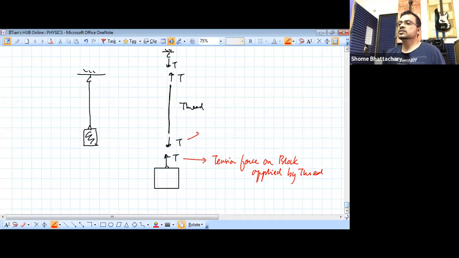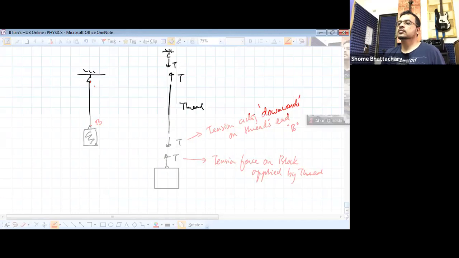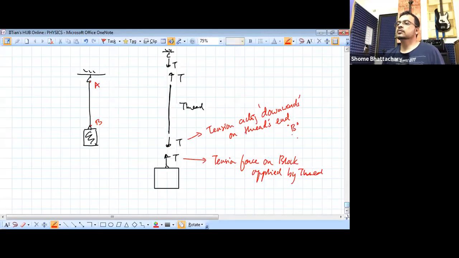Okay. This is the tension acting downwards on the thread's end point. Okay, let's say this end is end B. This is end B of the thread. This is the end E of the thread. Applied by the block.